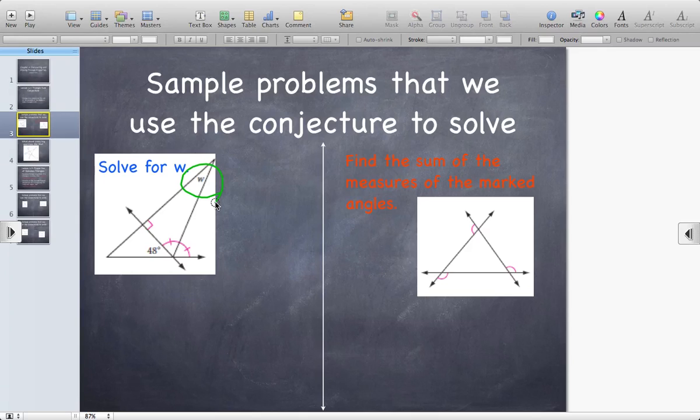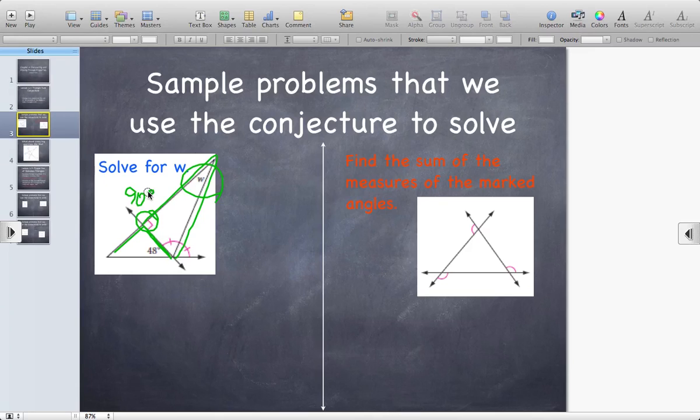Well, looking at the triangle, we see a couple of triangles actually happening. We have a large triangle in which we could figure out, with some difficulty, the measure of this angle for that large triangle. But notice that we already have a measure here. That little box tells us it's a right angle, so that means it's 90 degrees.